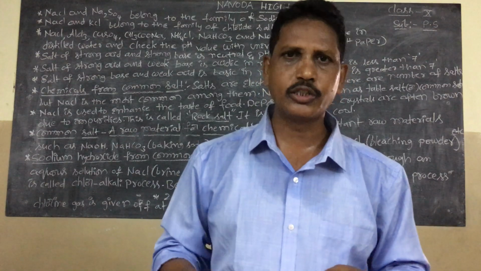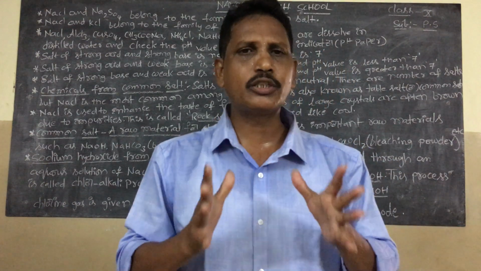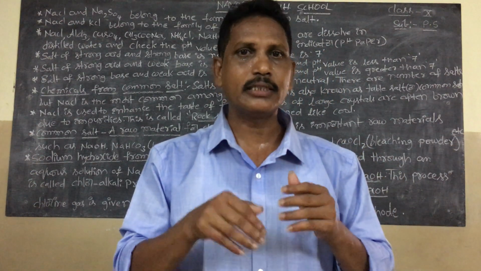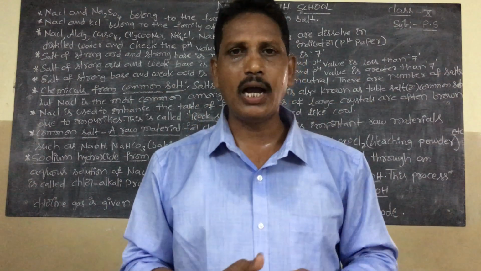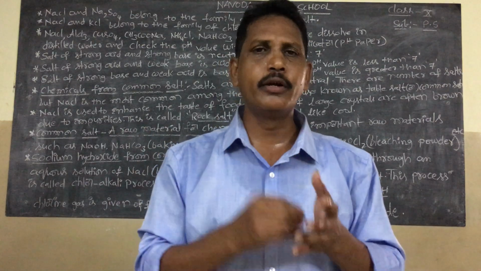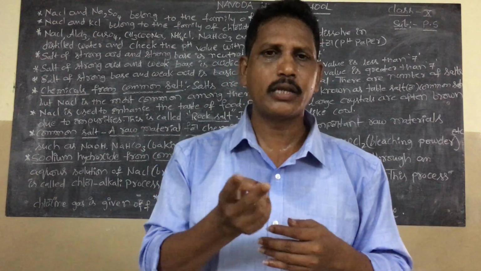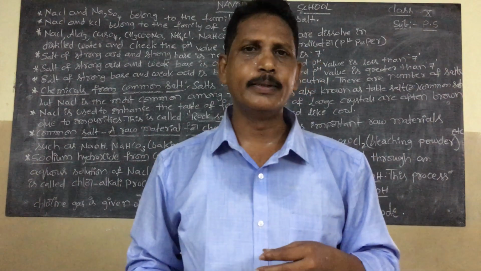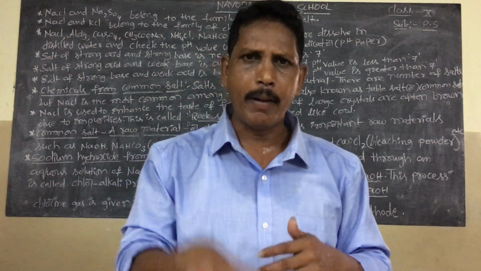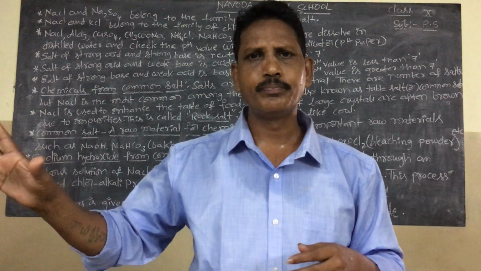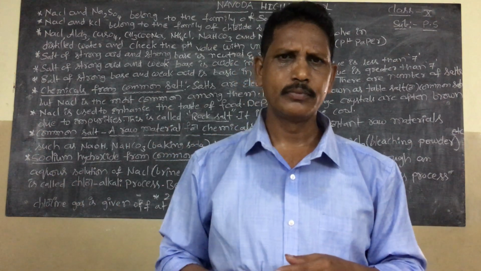The earth's crust contains so many salts. When these salts are mixed with impurities, they turn brown in color. It is called rock salt. Rock salts are mined like coal from the earth.